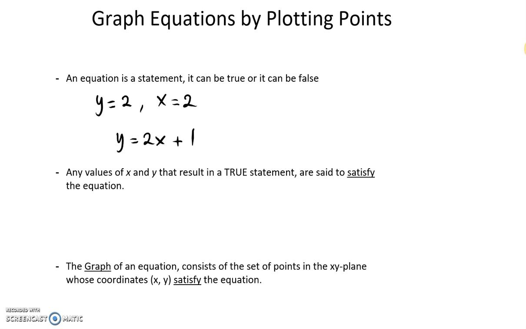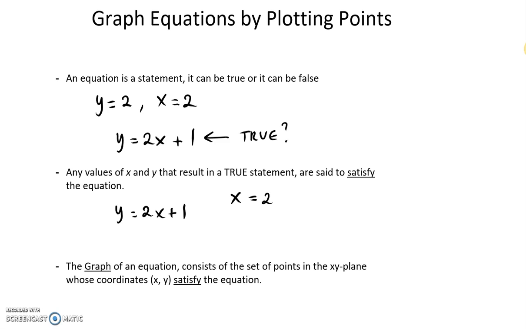Now, in order to find out whether this statement or equation is true, we'd have to see what x value and what y value satisfy this equation. What I mean by that is, let's say y equals 2x plus 1, and let's say that we choose x to equal 2.